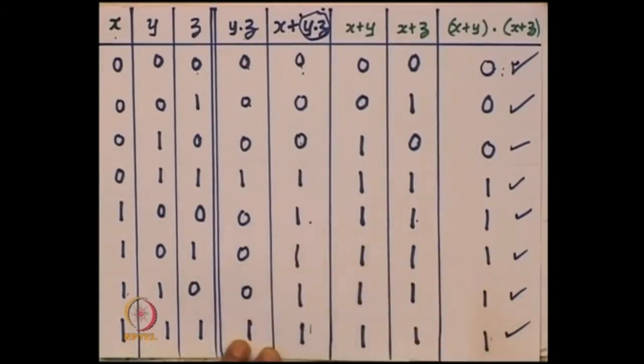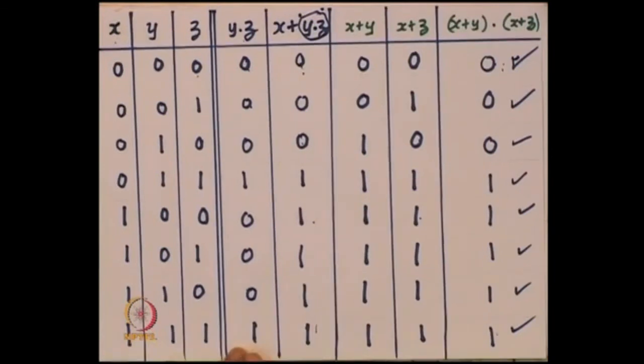If I want you to show that something is equal to something, you can always go to the LHS, get a truth table for it, go to the RHS, get a truth table for it, and show that these two columns are equal. This will work well if you have very few inputs. This may not work well for bigger number of inputs or for other functions, but at least there is a fallback option, there is a safe option that you can always resort to if you do not have any other technique to solve this problem.